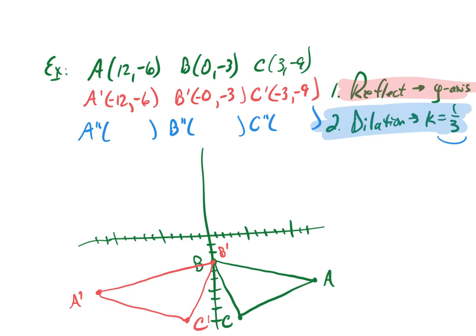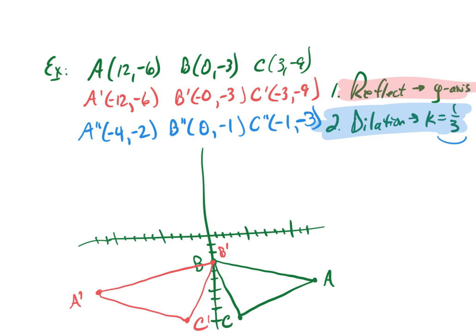Our scale factor is 1/3, so we multiply all of the x's and all of the y's by 1/3. So here we go. -12 times 1/3, -6 times 1/3, 0 times 1/3, -3 times 1/3, -3 times 1/3, -9 times 1/3. And we get all of our new ordered pairs.